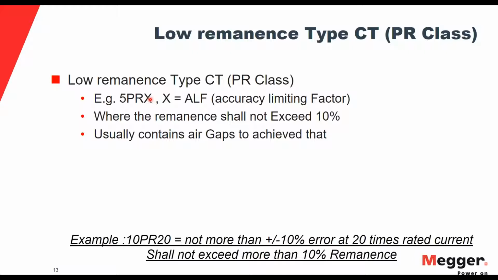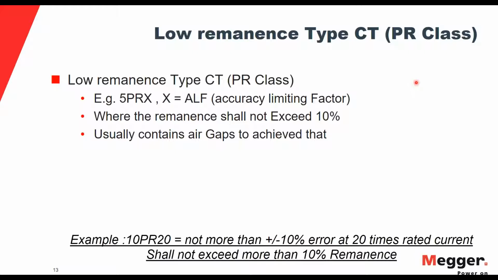There are some applications for these CTs. This 10% is always defined in this CT, so you will find an accuracy limit like the 5, you have the ALF, and also a third factor, the remanence value, specified on this CT. This is something you have to consider as well when you have a BR classification. You need to test it based on this and find out that your remanence is less than the specified value once you do testing for this CT.